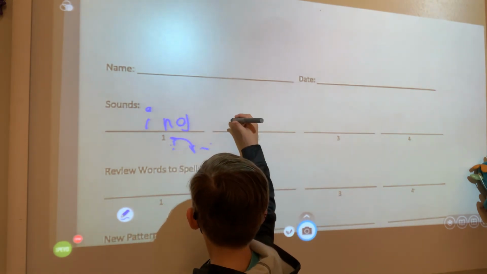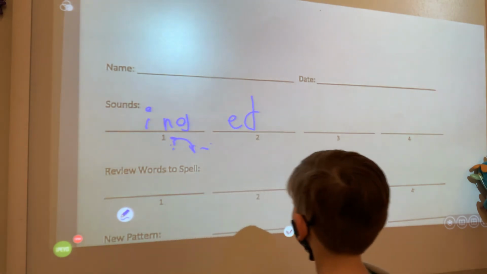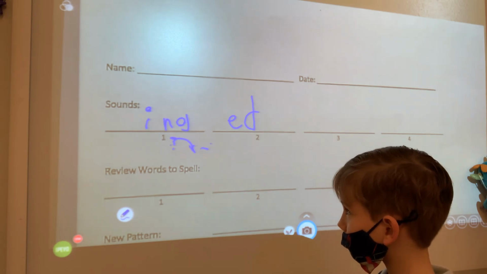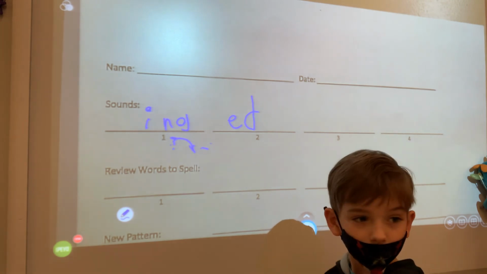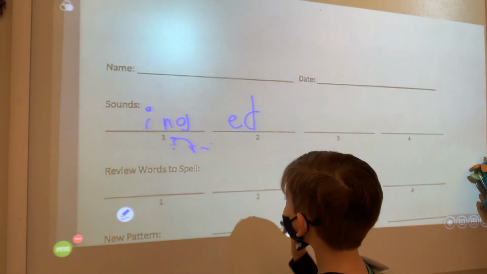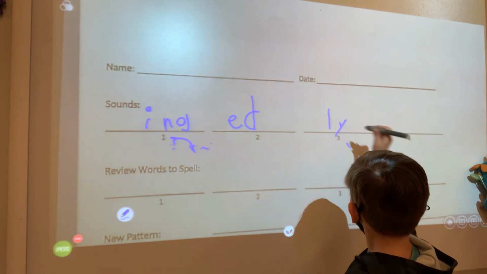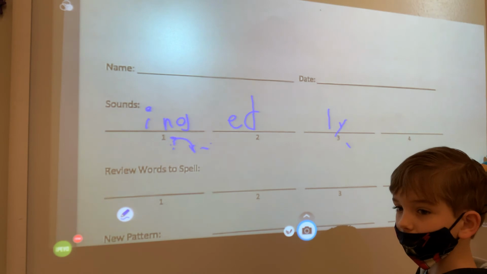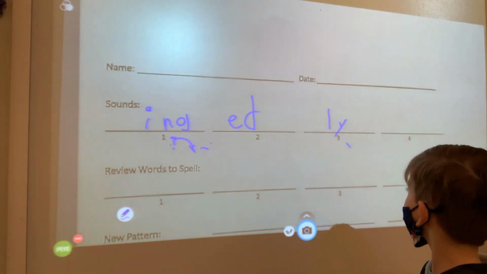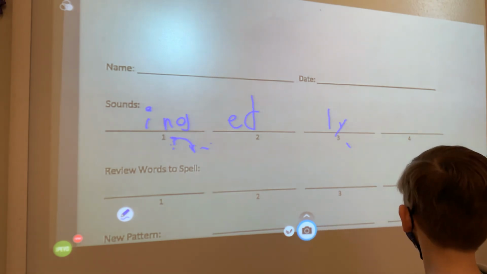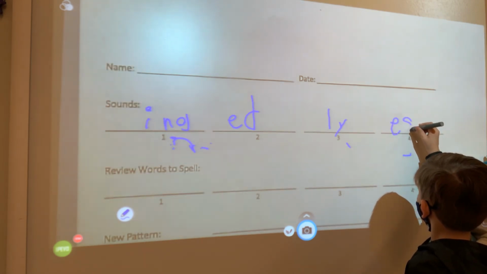Don't worry about the other stuff. Third sound is lee, like quickly, L-Y, like quickly. Okay, you got me. And the fourth sound is ist, like in tallest.